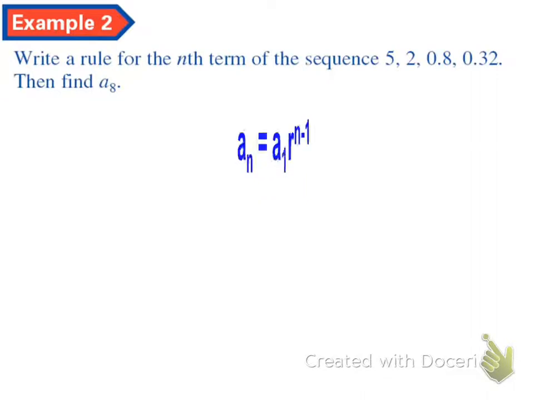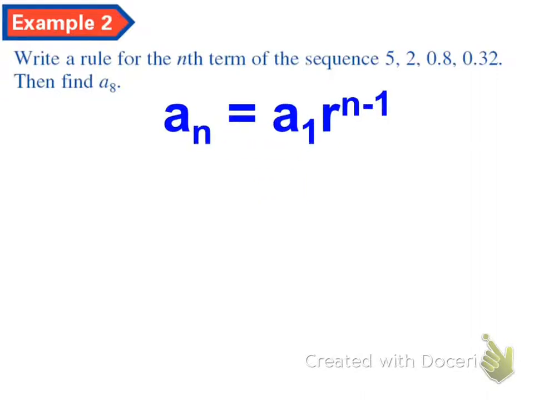In this example, we're asked to do a couple of things. The first thing we're asked to do is to write a rule for the nth term. Because this is a geometric sequence, first thing we want to do is find what the ratio is. So we're going to take the last term and divide it by the previous term, 0.32 divided by 0.8, and we find that we get 2/5 or 0.4, whichever way you would like to write it.